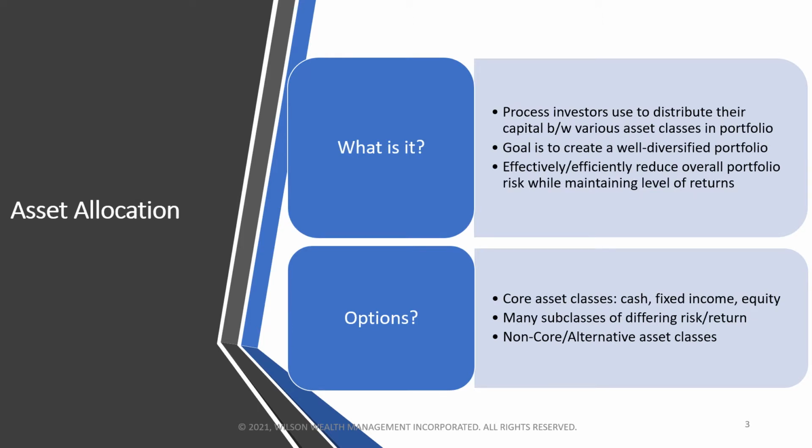What is an asset allocation? Well, it's the process that investors use to distribute, to allocate their investment capital between various asset classes in their portfolio. The goal is to create a well-diversified portfolio.